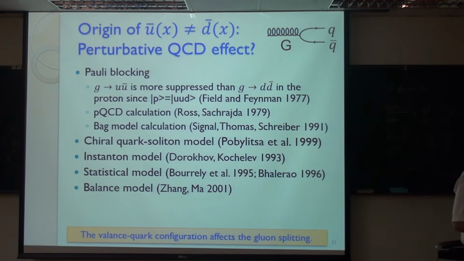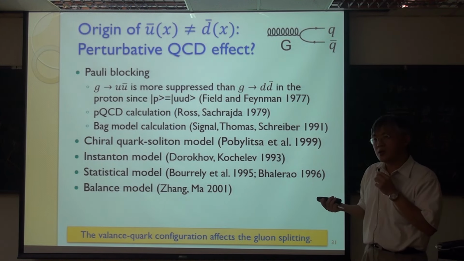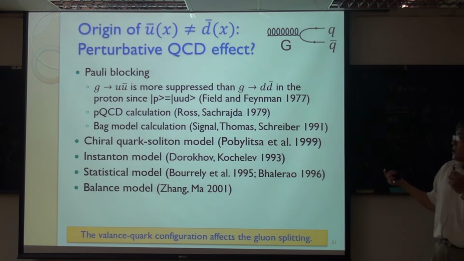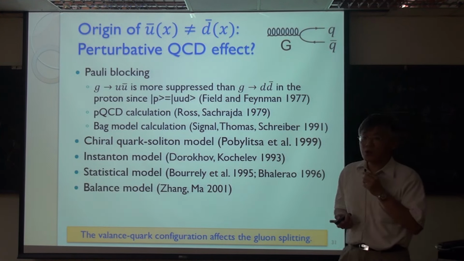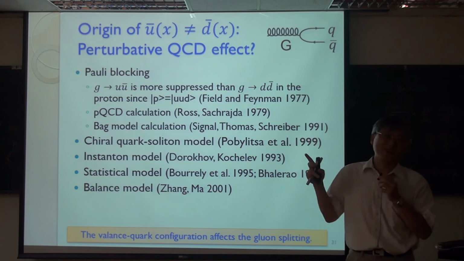Even though I told you the gluon fluctuates into u u bar with a similar probability as the gluon going to d d bar, originally inside the proton there are already 2u and 1d.